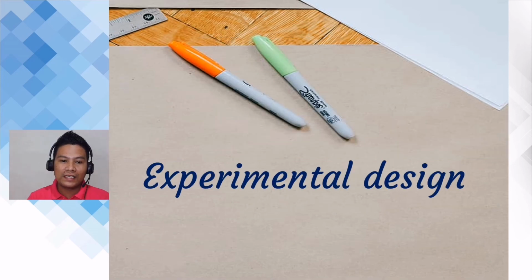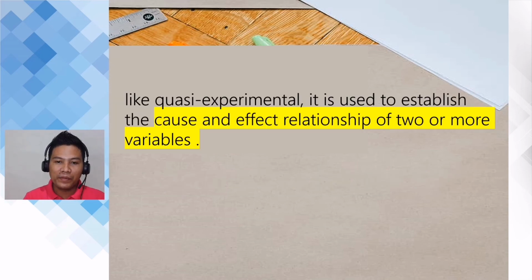The fifth design is the experimental design. Like quasi-experimental, it is used to establish the cause and effect relationship of two or more variables, meaning it deals with what may be the effects. Here, the researcher manipulates one or more independent variables and observes variations or differences in the dependent variables as they are influenced by the manipulation of independent variables.